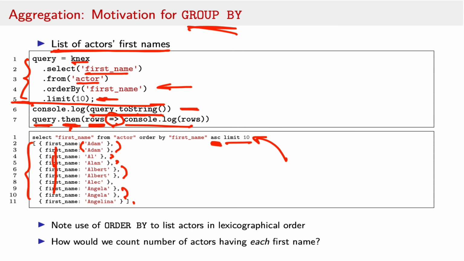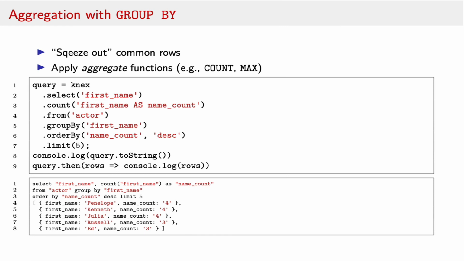Essentially what a group by is going to do is squish down that intermediate table such that it's going to remove all of those duplicate names, and then we can also ask group by to count how many there were. That's illustrated here. So we're squeezing out the common rows, and then we also can apply aggregate functions like counting the number of rows that were squeezed out.